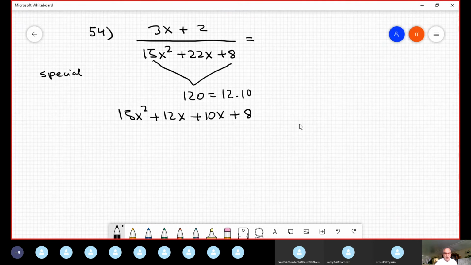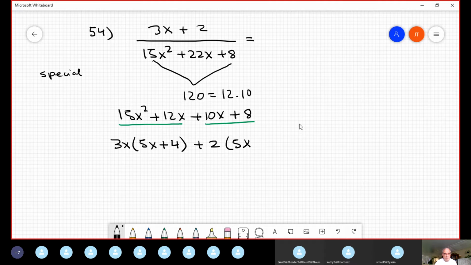We convert the trinomial to a polynomial with 4 terms, ready for factorization by grouping. In the first couple, the greatest common factor is 3x, times 5x plus 4. In the second, the greatest common factor is 2, times 5x plus 4. And 5x plus 4 is a common factor.